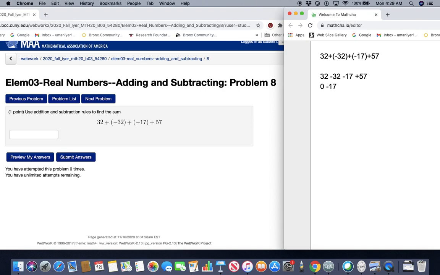Okay, that fetched me 0. I'm writing this down. 0 minus 17 is negative 17, plus 57. Now, negative 17 plus 57. Well, that's a bigger magnitude positive, so my answer is going to be plus, and the difference between the two, 40.